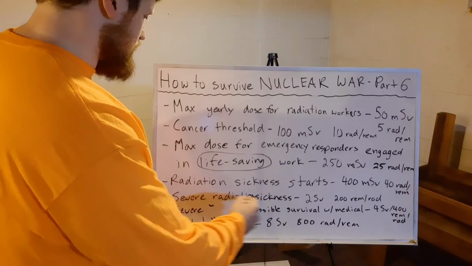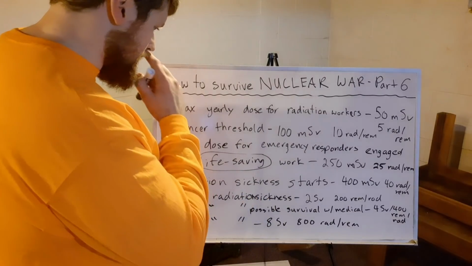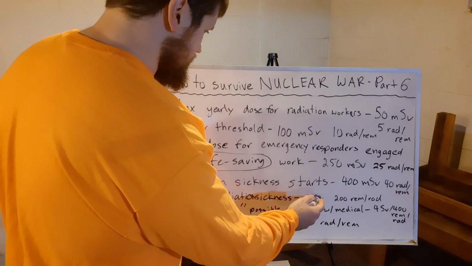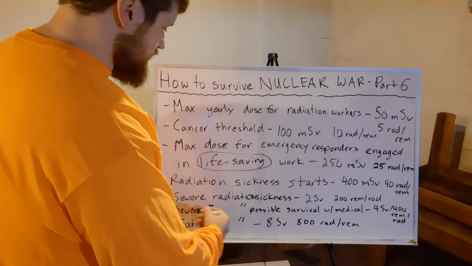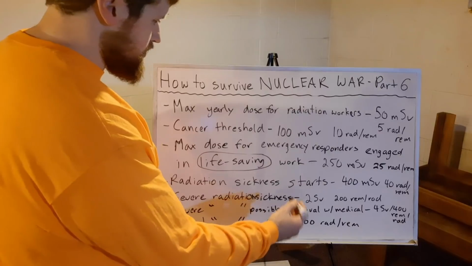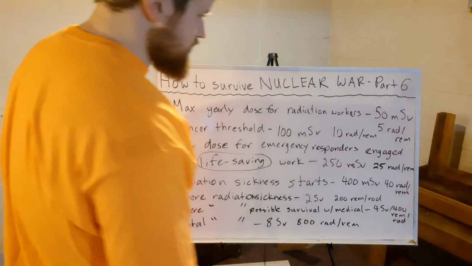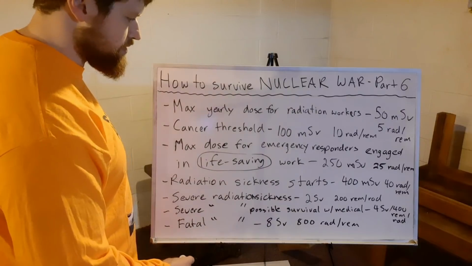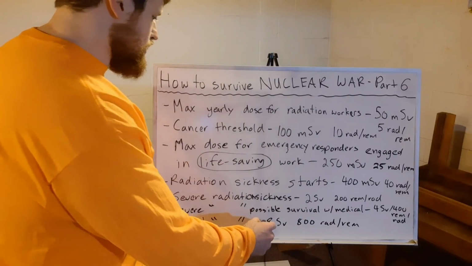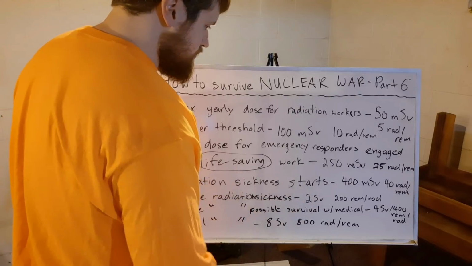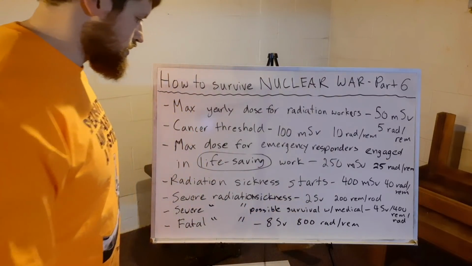So double the amount where severe radiation sickness begins, which is 2 sieverts. And the maximum that you can get and still survive with medical care is 4 sieverts, or 4,000 millisieverts. And the fatal dose is considered to be 8 sieverts, or 800 rads, or 800 rems, okay?